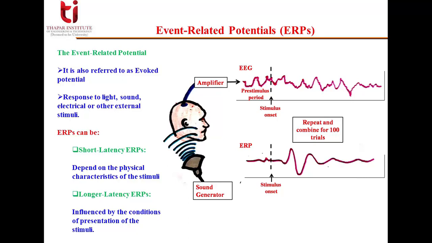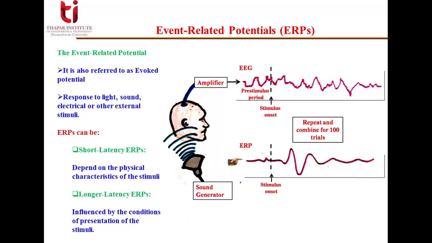The large background noise in the EEG wave makes it impossible to detect the evoked response to the sensory stimulus from a single trial. Averaging across tens or hundreds of trials, however, removes the background EEG, leaving the event-related potential.